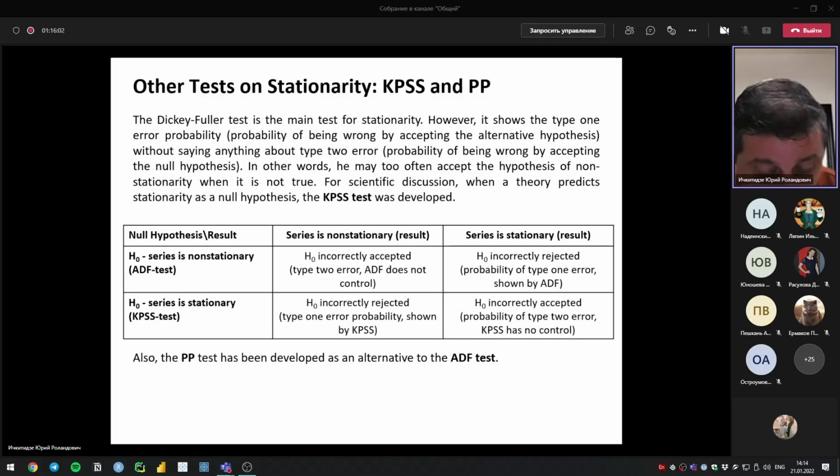For example, testing GDP per capita with the Dickey-Fuller test is widespread. For most countries, GDP per capita is a non-stationary process, but for some countries, at a 5 or 1% significance level, GDP per capita is a stationary indicator. How to be here? Could it be that the GDP of France is a stationary process, while the GDP of, say, the United States is a non-stationary process?